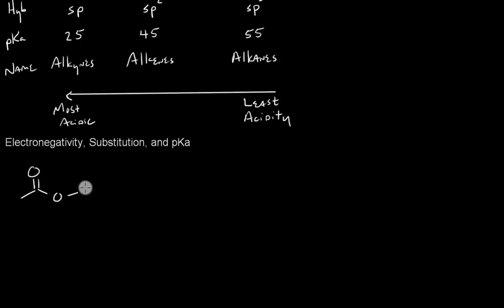This is acetic acid, and we're going to talk about just how easily this carboxylic acid can lose a hydrogen, specifically this hydrogen right here. We're going to focus on this oxygen to hydrogen bond and think about the electrons being shared within it.